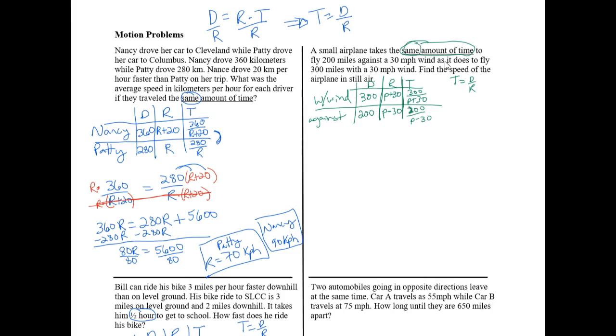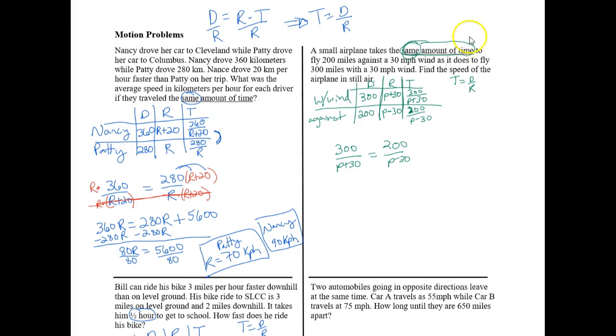Since they are the same, that means they are equal. So the time with the wind equals the time against the wind. And then we've got our equation. 300 divided by p plus 30 equals 200 divided by p minus 30.